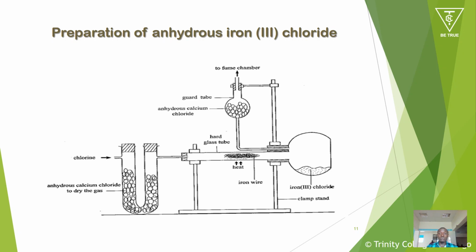So to remove the water vapor from the air so that it does not reach the iron 3 chloride, we put anhydrous calcium chloride in the guard tube. That anhydrous calcium chloride is to remove water vapor from the air, so that water vapor does not reach iron 3 chloride to cause the crystals to dissolve, so that it remains dry.